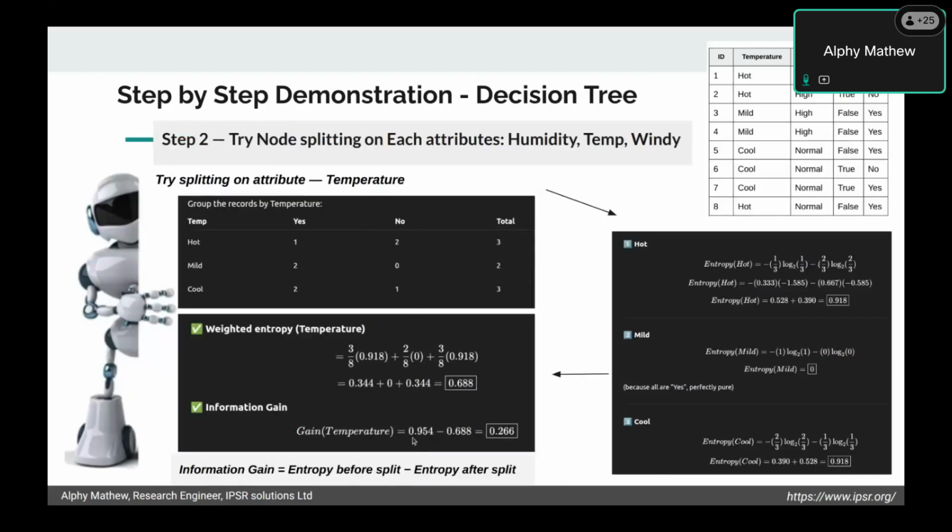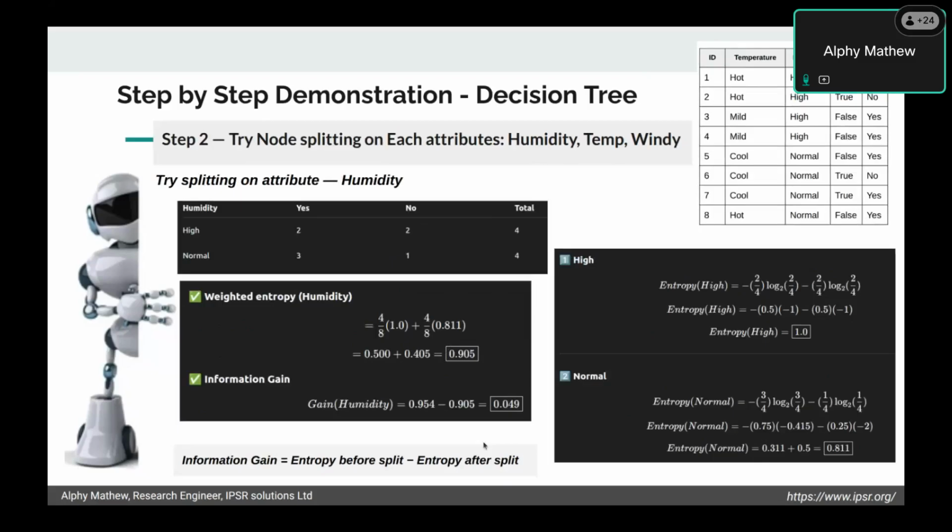Our parent entropy was 0.954 and our temperature entropy was 0.688. So the information gain of the temperature attribute is 0.266. Now we have found the information gain of the temperature attribute. Similarly, we need to find the information gain for humidity and also for the windy column. The same steps.